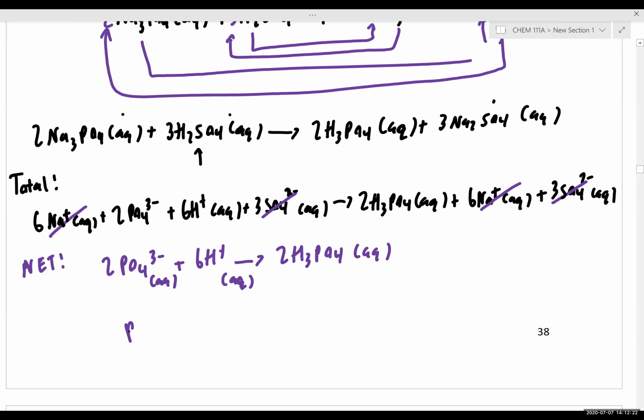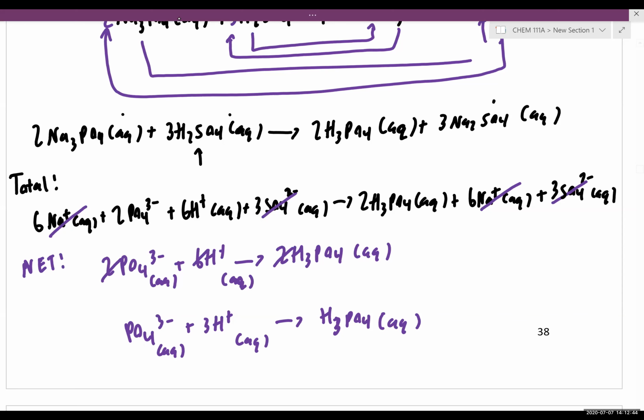Yes, so we can write it by canceling and simplifying our coefficients as 1 phosphate reacts with 3H plus to yield phosphoric acid. So we can really see this acid-base reaction in action where you have a transfer of a proton to your basic phosphate.